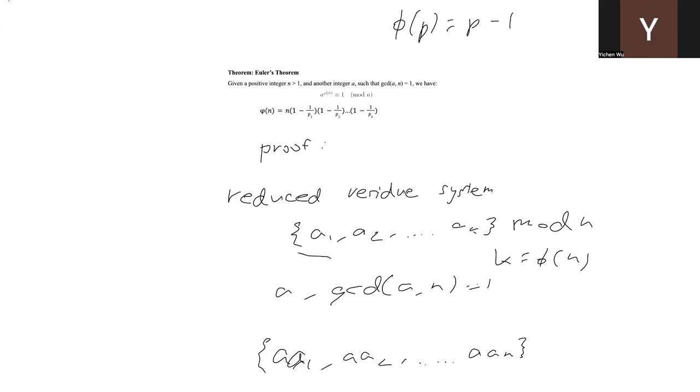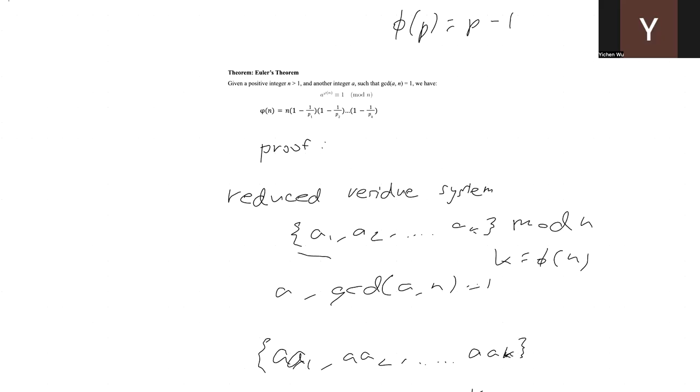That means they must have the same product modulo n. So a1, a2, ..., ak is congruent to a to the kth power times a1, a2, ..., ak.